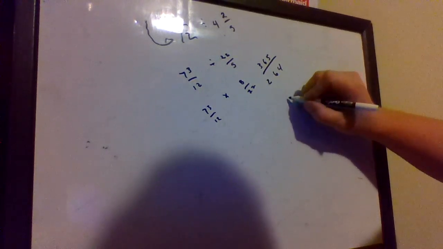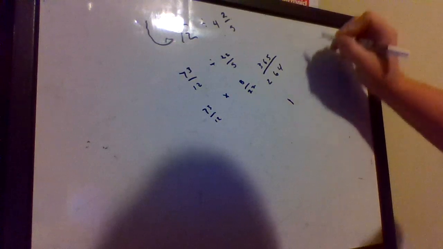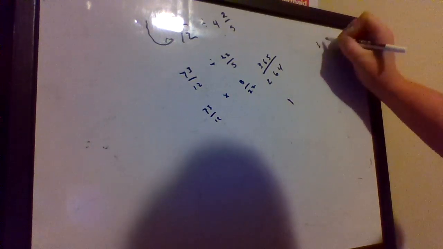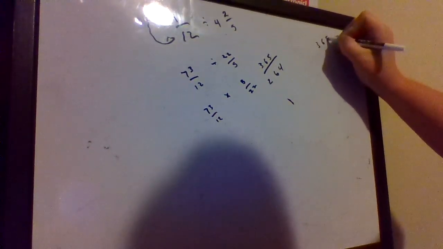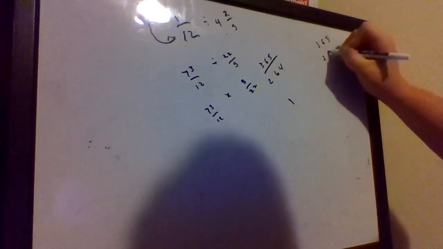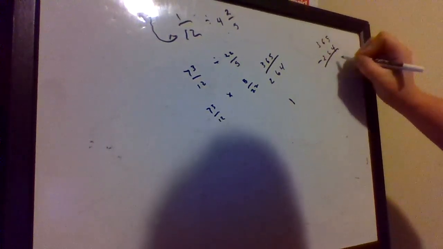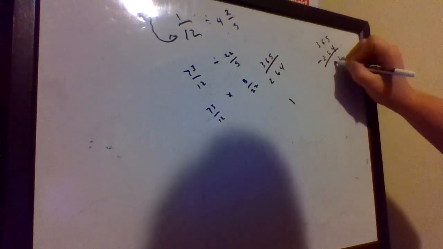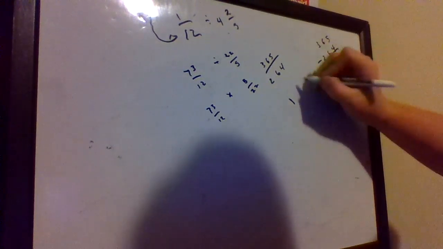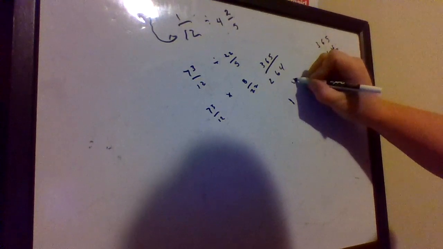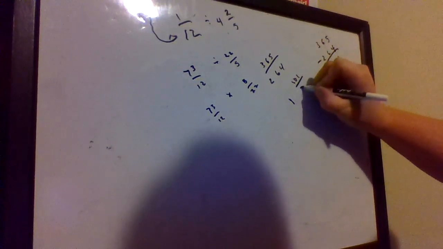So let's do this once. And then let's subtract 264. 101. So we have 101 over 264.